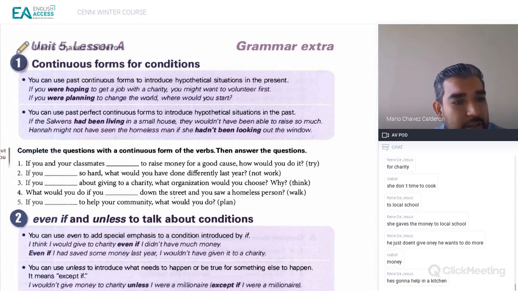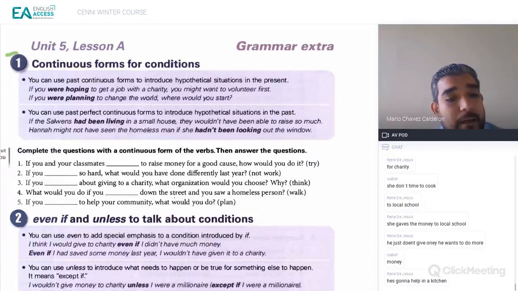Look, number one, continuous forms for conditions. It says you can use past continuous forms to introduce hypothetical situations in the present. If you were hoping to get a job with a charity, you might want to volunteer first. If you were planning to change the world, where would you start?